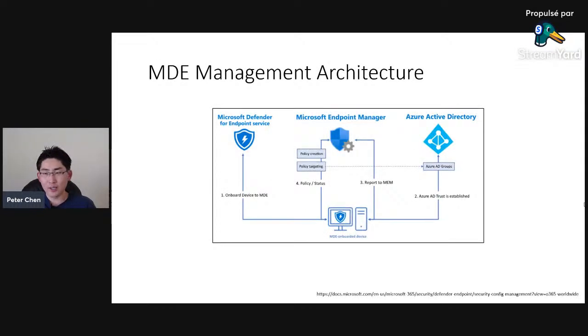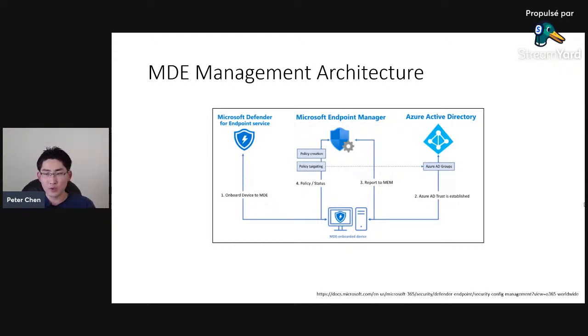And in terms of architecture-wise, this is kind of how it looks. What happens is the endpoint itself is onboarded into Defender for Endpoint. And once it's onboarded into Defender for Endpoint, trust is also associated with Azure AD. So that endpoint object will be available in Defender, and available in Azure AD.